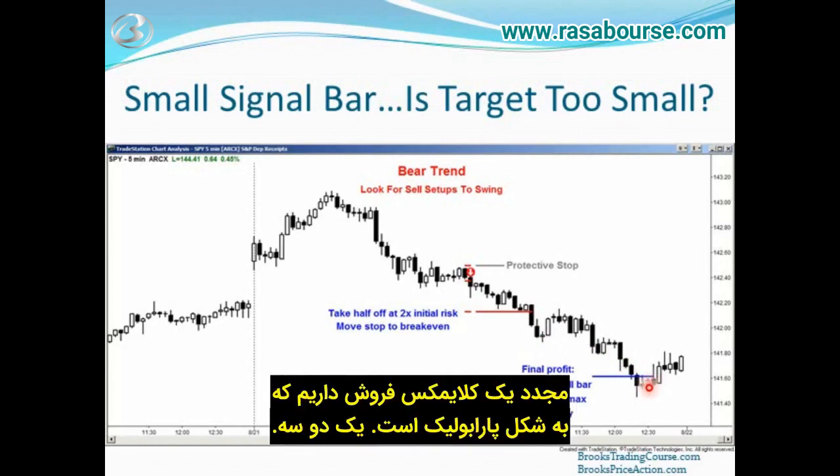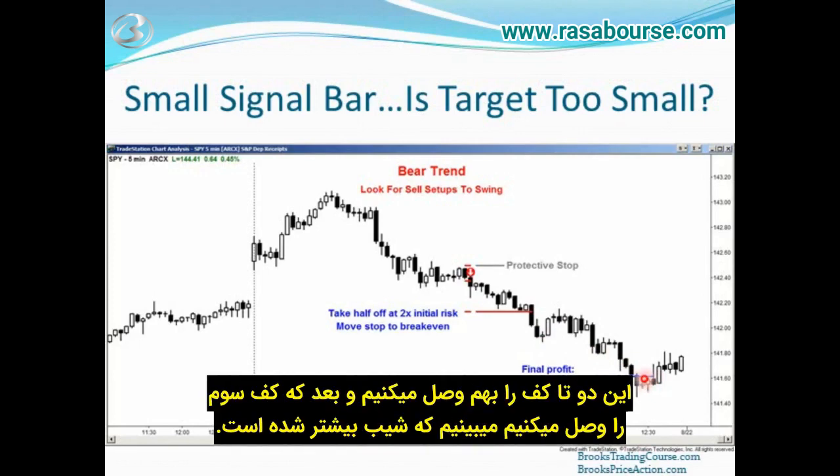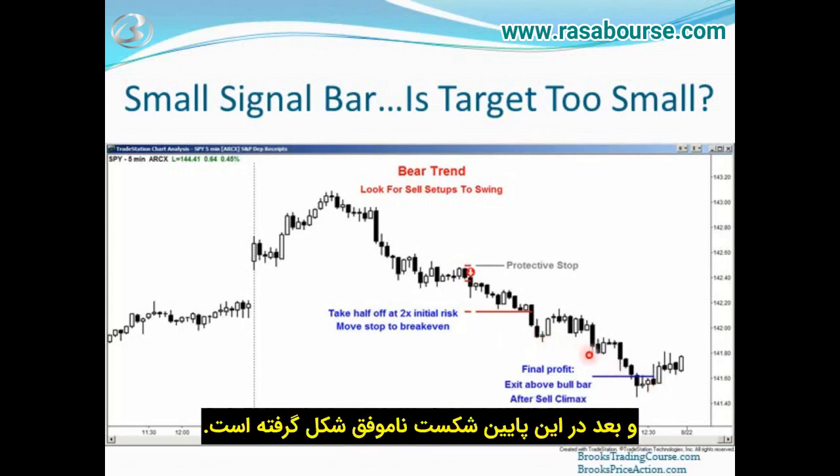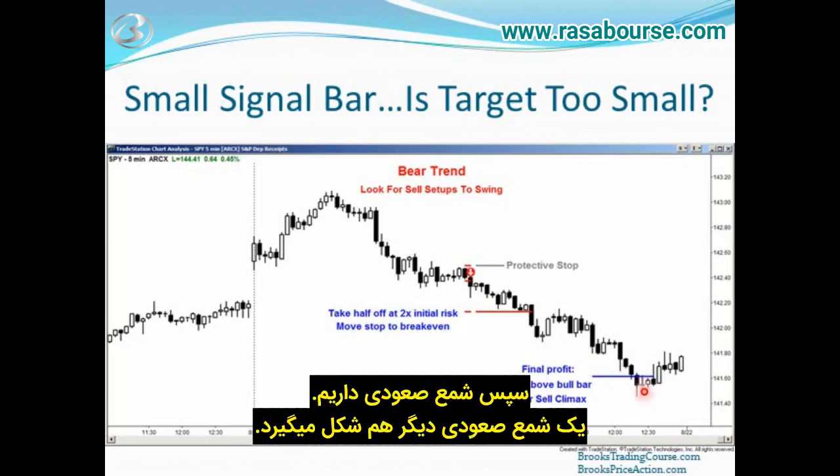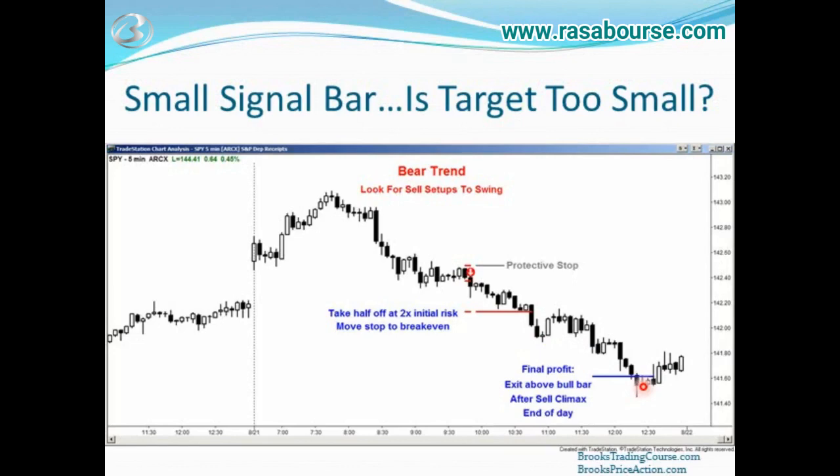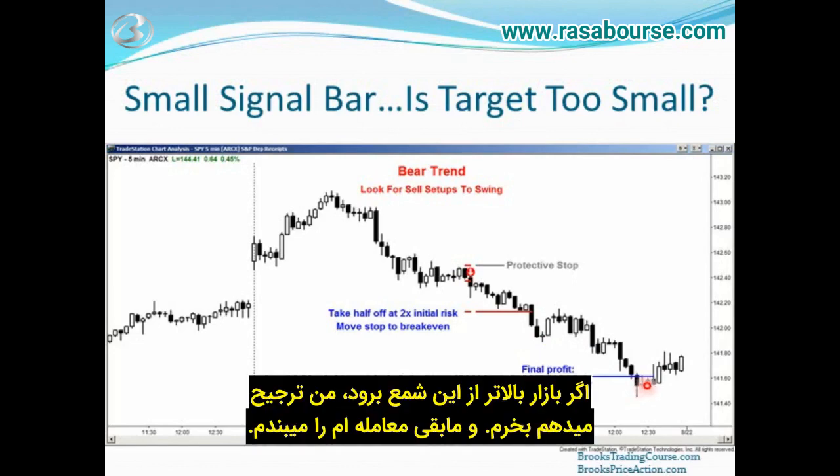Another parabolic sell climax, 1, 2, 3, and you have this slope, and then the slope is getting steeper, and we have a failed bear breakout below this breakout pullback, bull body, another bull body, and only a few bars left. I personally would buy back if the market went above the high of this bar and close out the remainder of my position.